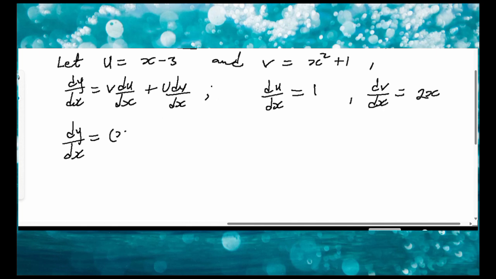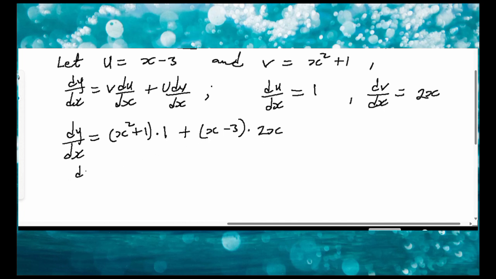So we have x squared plus 1 times 1, times du/dx, which is 1. du/dx is 1. Then plus u, right? And u is what? u is x minus 3. So x minus 3 times what? dv/dx. And dv/dx gave us 2x, so we're going to have 2x here, right?